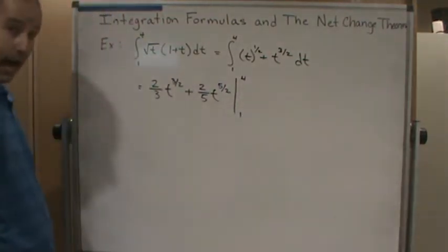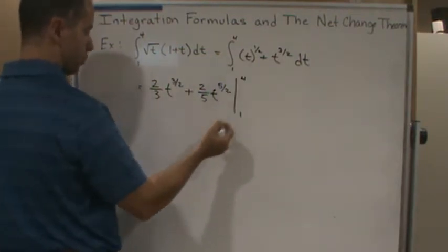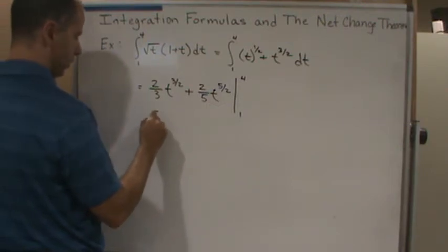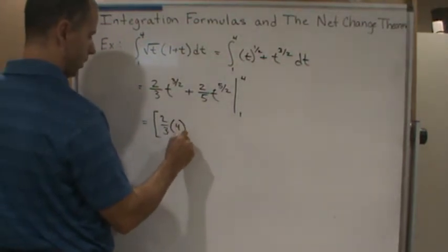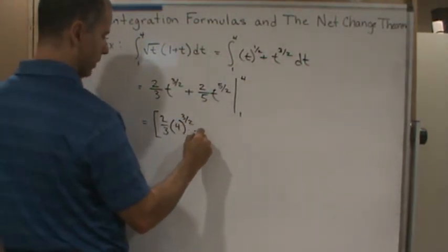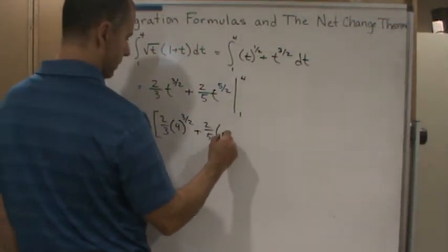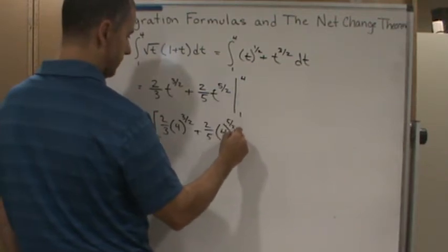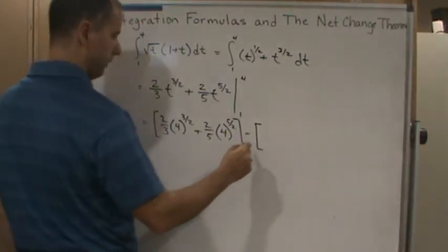And I'm going to evaluate this at 1 and 4, and now I'm going to subtract at the top minus the bottom. So now this is going to equal 2/3 times 4 to the 3/2 plus 2/5 times 4 to the 5/2 minus the whole thing evaluated at 1.